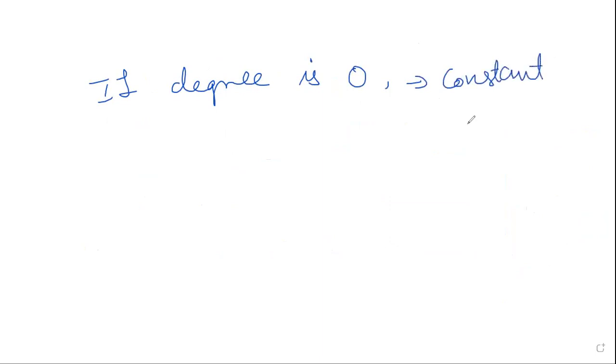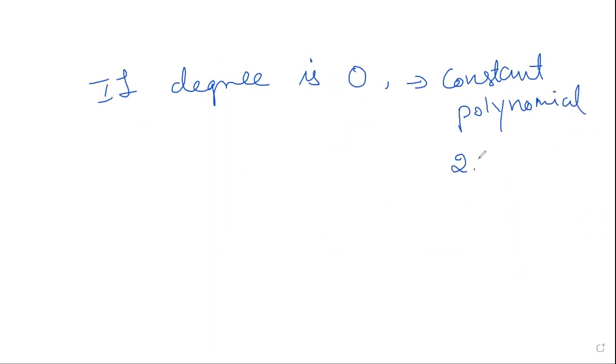If the degree is 0, then it is called a constant polynomial. For example, you just have 2.